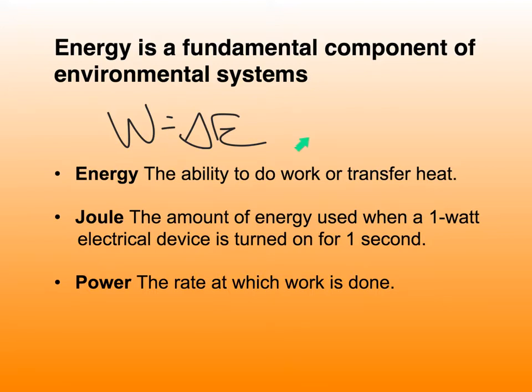Or if there's an object that's sitting still, like this arrow right here, and then I apply some sort of force to it for a period of time, it'll accelerate, right? And that's a change in energy. That's a kinetic energy. Okay, so there are different types of energy, and we're going to show how human beings take advantage of that energy, and they put it to work, right?